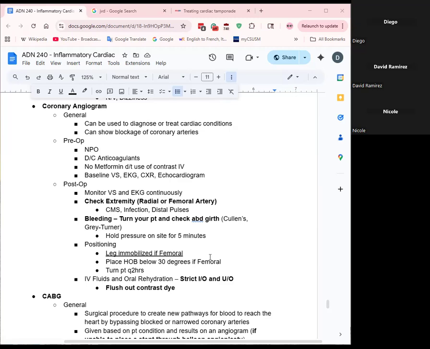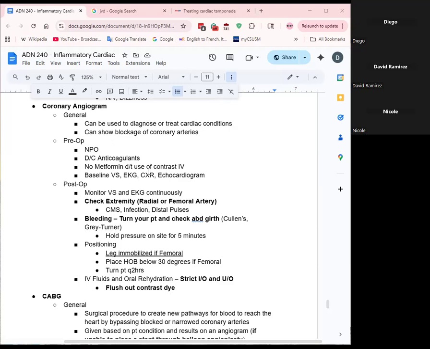Get your baseline vital signs, get your diagnostics done. So pretty typical pre-op stuff. Post-op, monitor vital signs and EKG, so this person will be on a telemonitor. This angiogram will be done either through the radial or femoral artery. Wherever it was done, you want to make sure you're checking it, because if there wasn't enough pressure, or it reopens, you can bleed out pretty quickly from an arterial bleed.